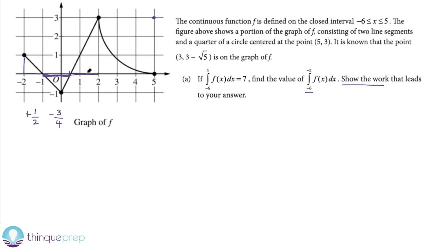We have this triangle over here that has a base of 1.5 and a height of 3. So that area is going to be positive 9/4. That's 1.5 times 3, which is 9/2, divided by 2 is 9/4. And then this area right here is actually the hardest part to calculate.